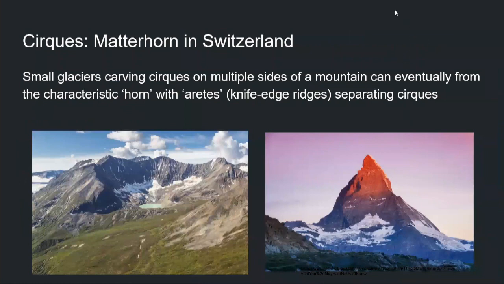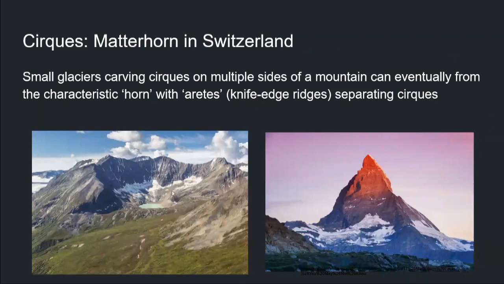In terms of cirques and mountains, we saw in the first lecture the cirque glaciers that appear whenever there's a kind of depression in a landscape. Well, those glaciers will also enhance that feature in which they appear.